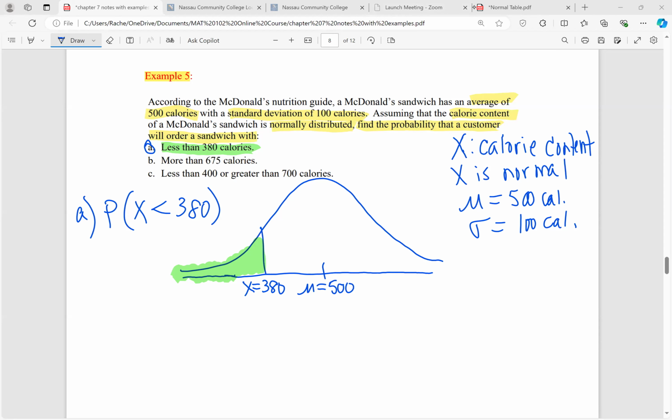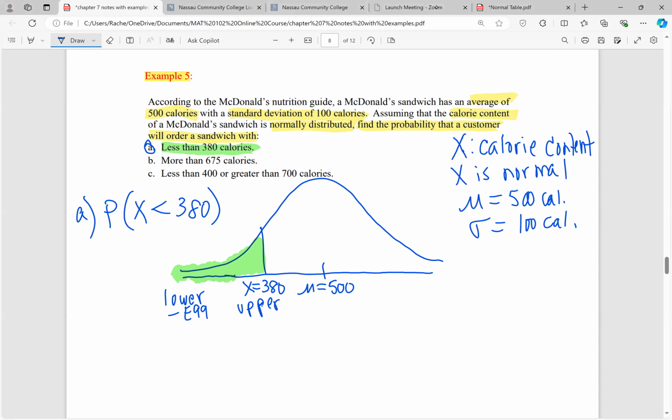Lower is going to be negative infinity because we're coming in from the left. Upper is going to be my raw score of 380. And then we have to type in the mean and the standard deviation of this distribution, which is 500 and 100.